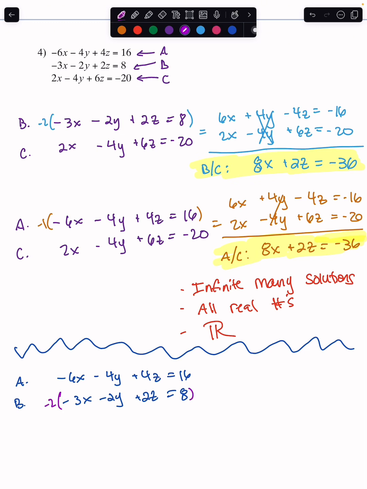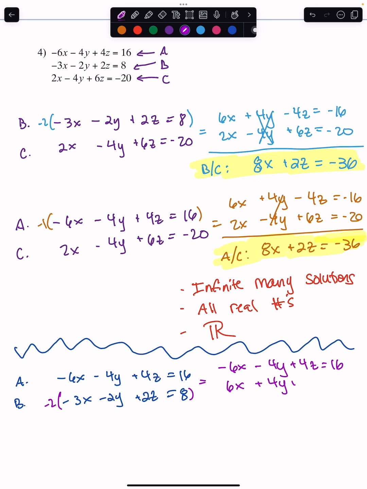And then this becomes positive 6x plus 4y minus 4z equals negative 16.